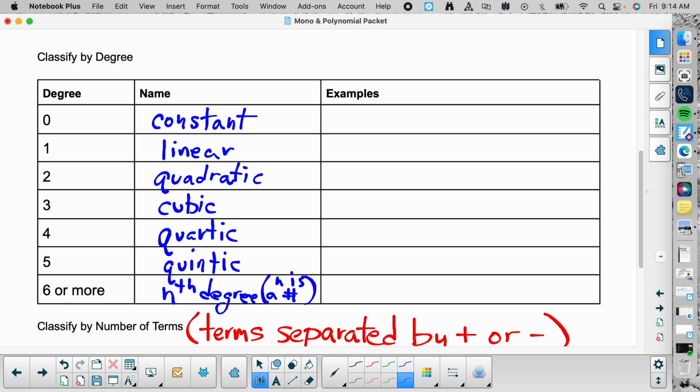Constant is the one that most people have most trouble remembering because there's not really a good word for 0. Okay, the examples. Something that is a 0 degree or called a constant is a regular number.